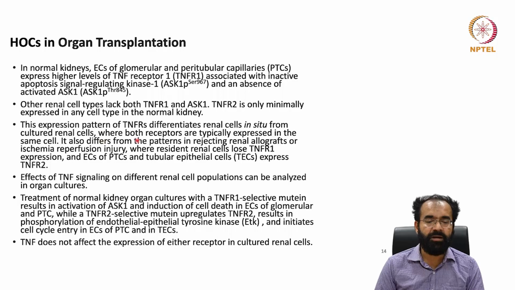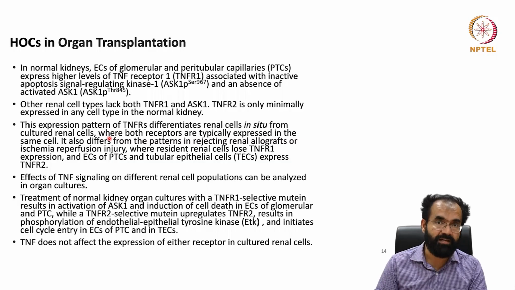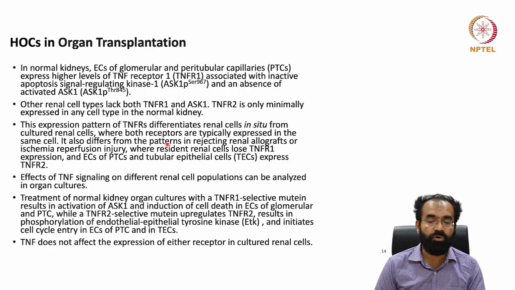So this expression pattern of TNFRs differentiates the renal cells in situ from the cultured renal cells. That is very important, because when you culture, if these receptors are not there, they cannot mimic normal renal tissue, where both receptors are typically expressed in the same cell.